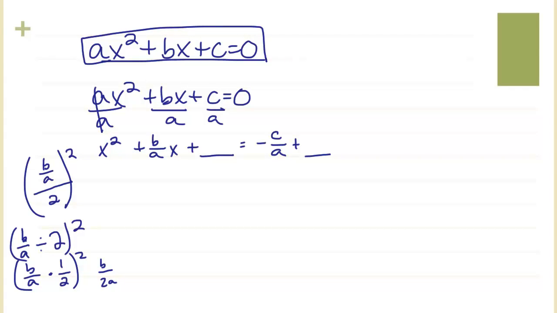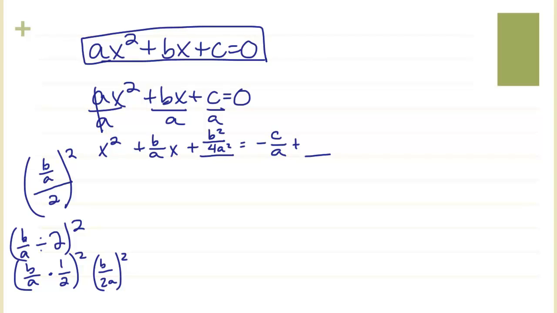That's kind of familiar, but now I'm going to square it. So it ends up as b squared over 4. That's kind of ugly. B squared over 4a squared. Right? B squared over 4a squared.